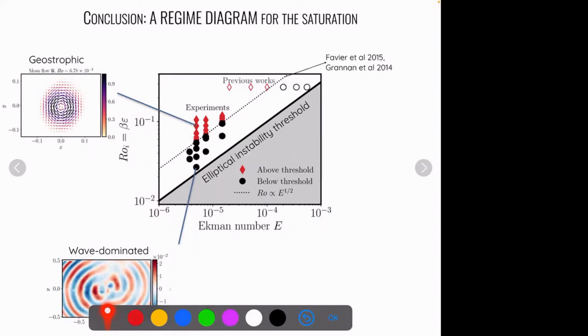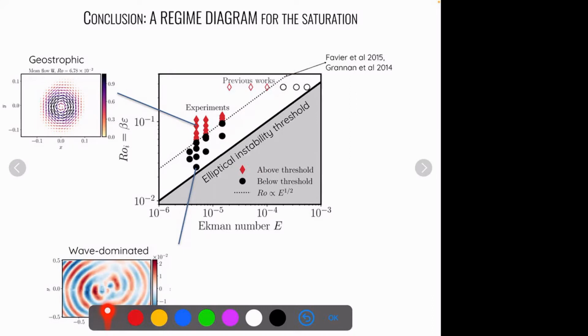I've also put some previous work where they didn't clearly identify the regimes, but there was also a transition from weak mean flow to large mean flow. And you see that the boundary between those two regimes is quite consistent.